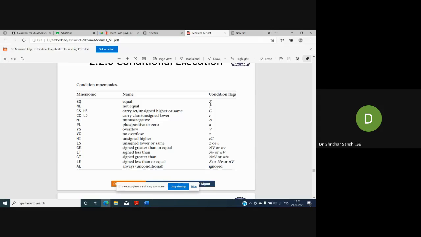If it is capital Z, it means that it is 1. So EQ is executed only if the flag Z is set to 1. And what is NE? NE is not equal. The flag checked is Z. If the value is equal to 0, then only the instruction after the NE will be executed.